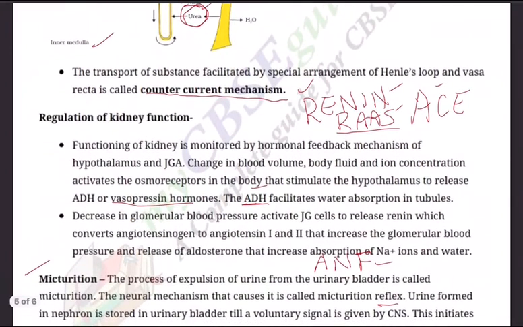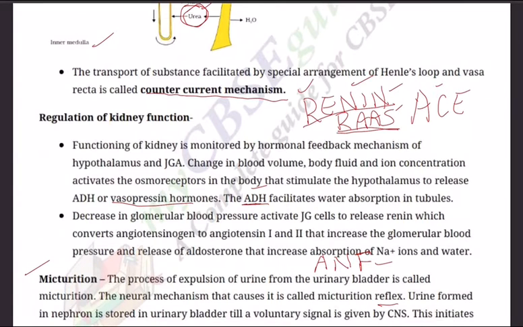And then we come to regulation of kidney function. How can kidney function be regulated? First and foremost, as blood pressure decreases, the cells of the juxtaglomerular apparatus, JGA, release an enzyme called renin and activate the RAAS, RAS.